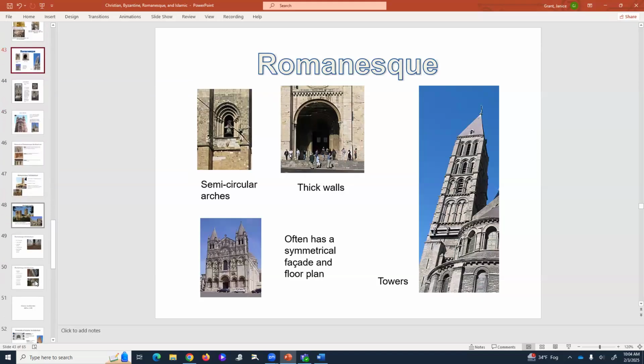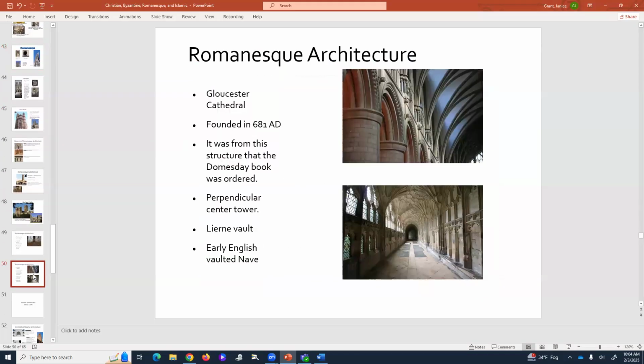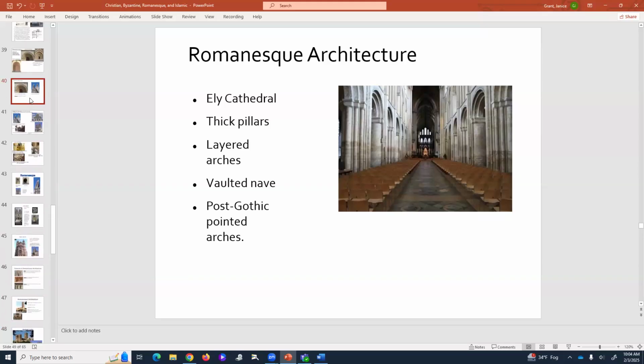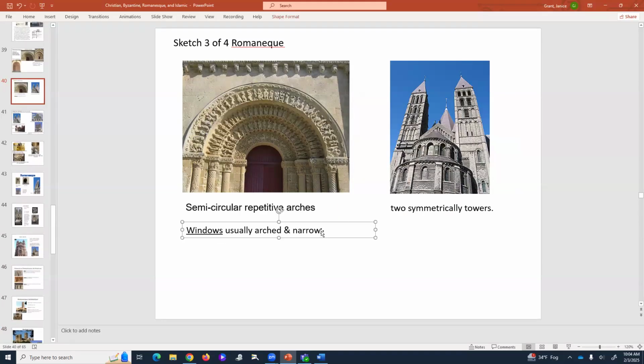What else, guys? Am I missing something? Thick pillars. Thick columns. Just add to this list.